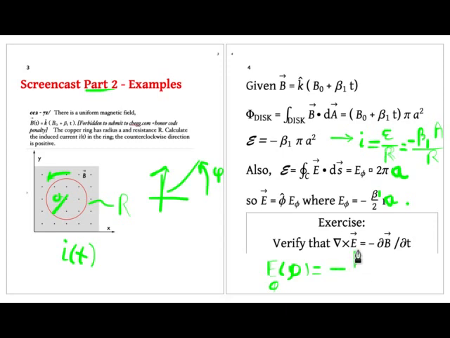minus beta 1 divided by 2 rho. If I'm at the position of the ring, then rho would be equal to a. But this would be E phi of rho for some arbitrary distance from the center of the ring.